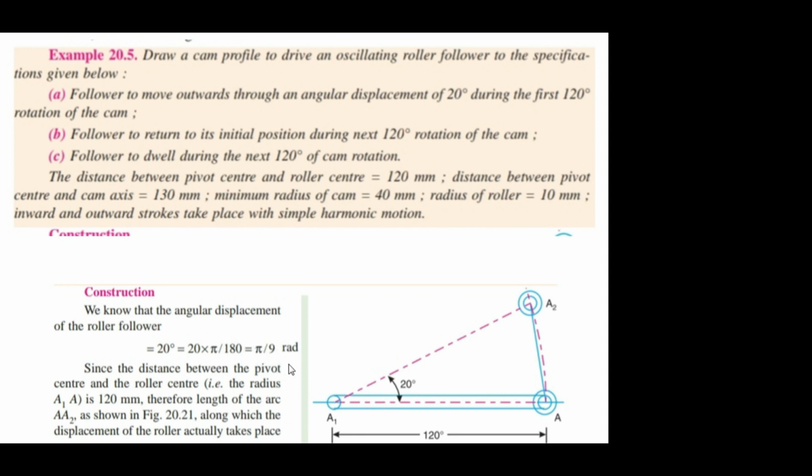Theta is pi by 9 radians. So R is 120 mm. So it is 120 into pi by 9 is equal to 41.88 mm. Is the linear displacement, and it is nothing but stroke length or lift of the follower.